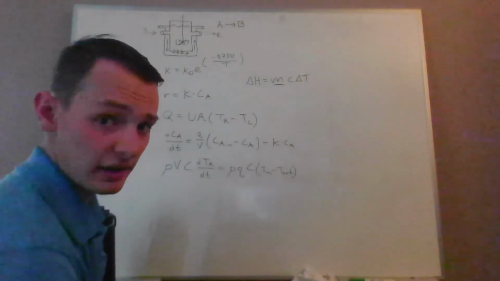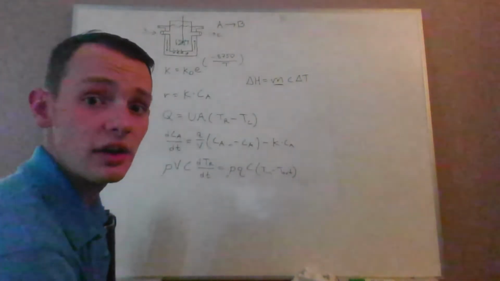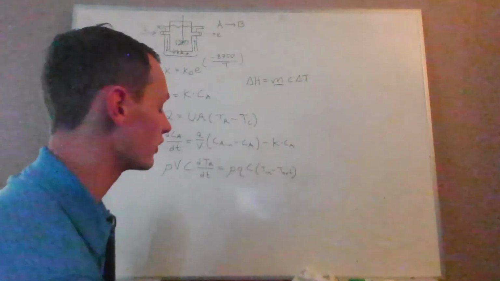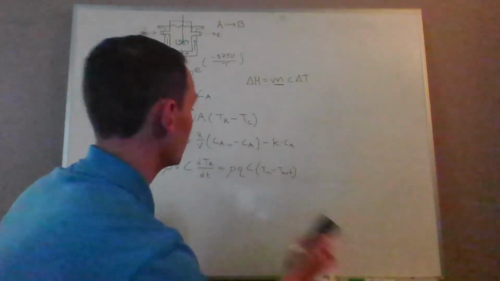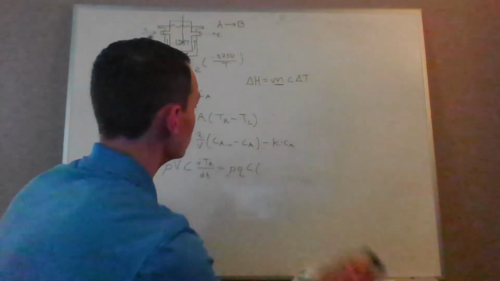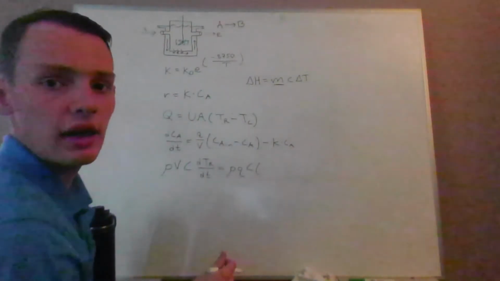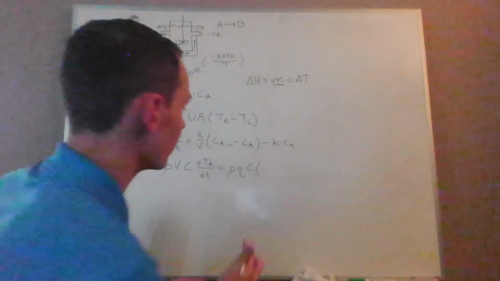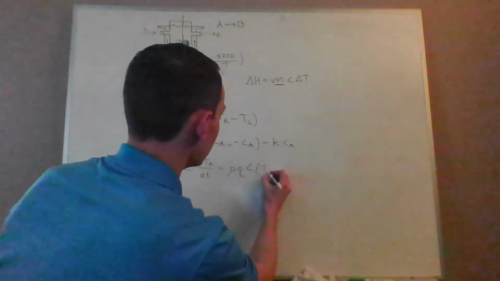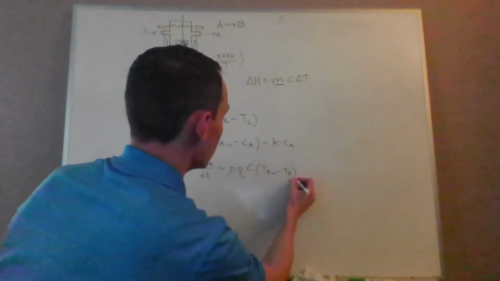And again, the reason for that is because this is a continuously stirred tank reactor. It's well stirred, everything is well mixed. I'm also going to make another comment about the fact that I'm using T sub R for the temperature that's in our reactor, and then T sub C for the temperature of our coolant. So I'm going to write this as T_R,N minus T_R, okay?